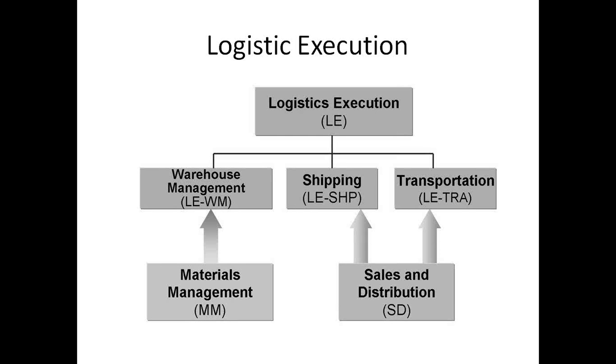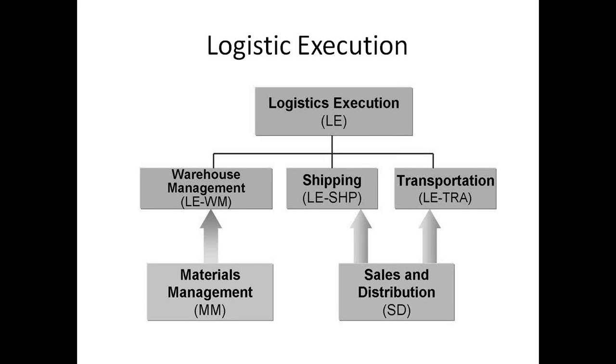So as we see on the screen, the shipping and transportation scope mainly comes under sales and distribution, and some part of the shipping we also do when we use the processes of inbound deliveries and outbound deliveries. Okay, if you can understand, some processes involve inbound deliveries, for example what we call ASNs, right?